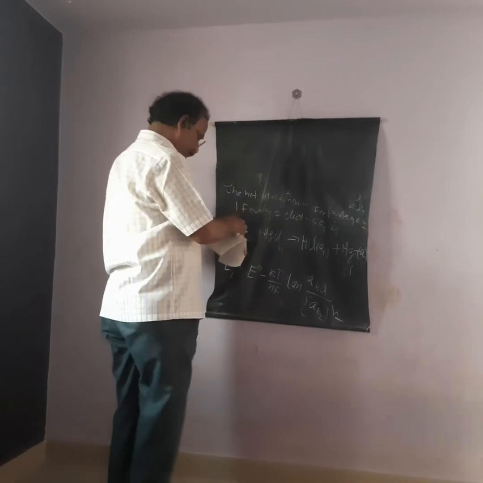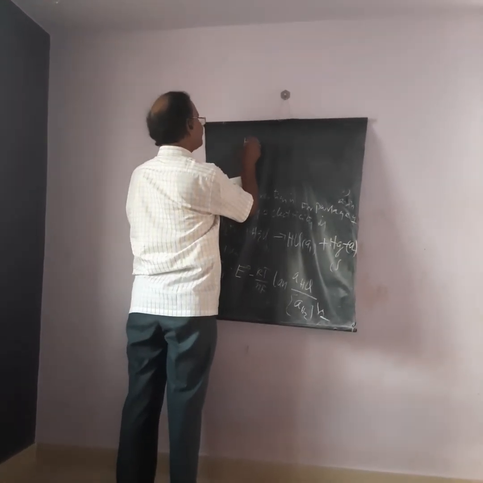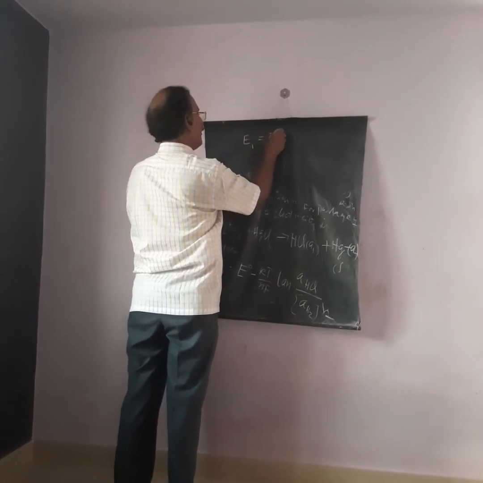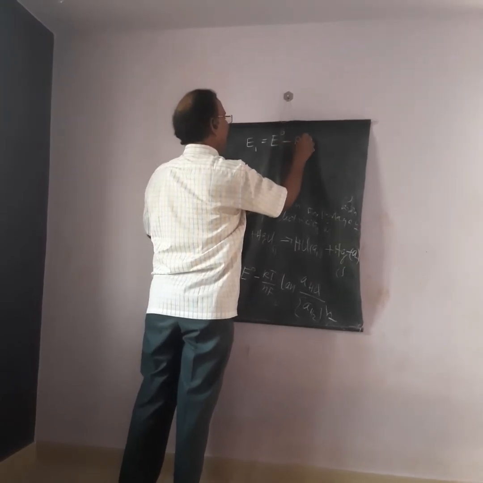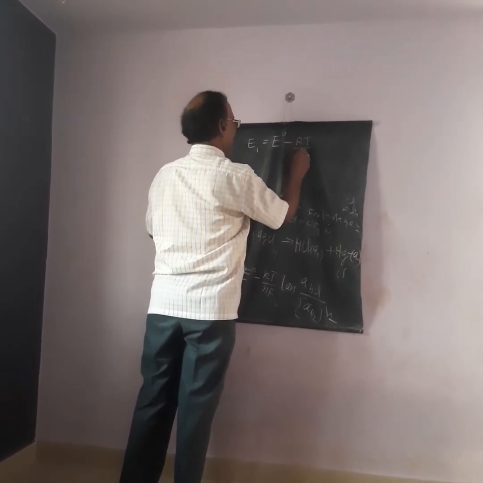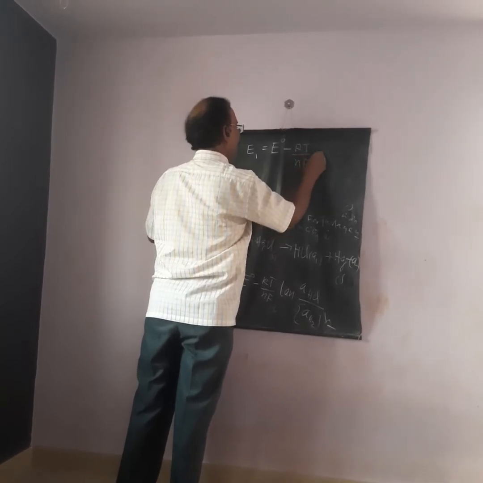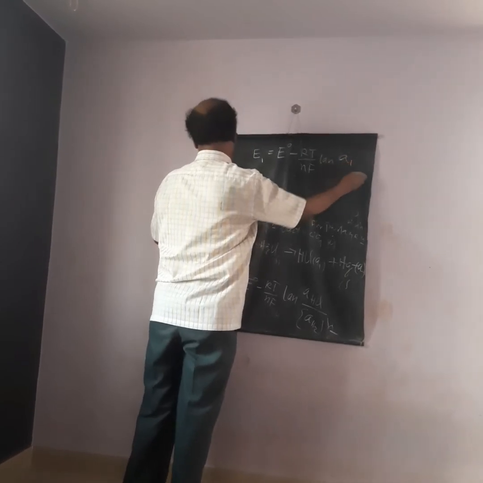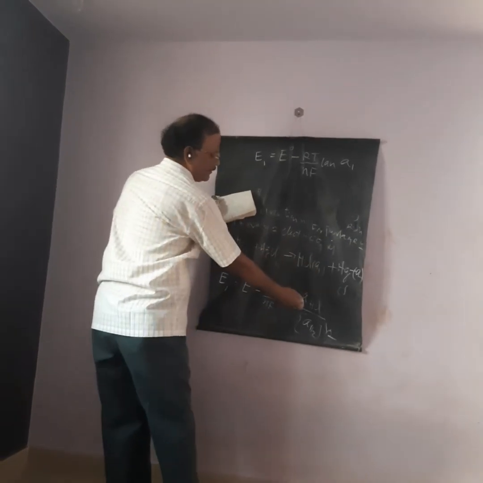That is, E1 is equal to E0 minus RT divided by NF into ln A1, where A1 is the activity of HCl.